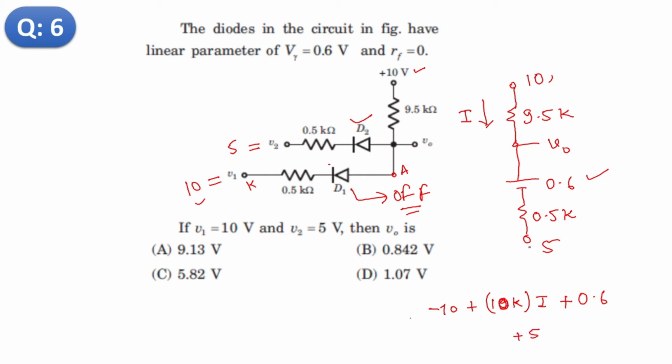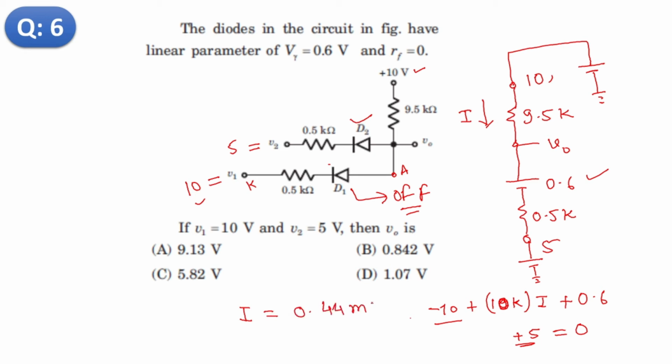You can consider this a 5 volt battery, and here a 10 volt battery. So start from this point, that's why there is a negative sign here, and for this case a positive sign, and this is equal to 0. From this equation you can calculate I.